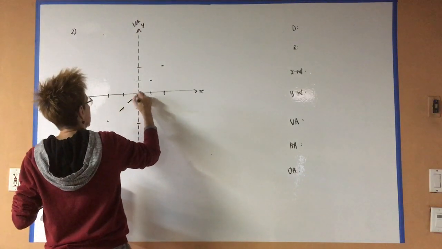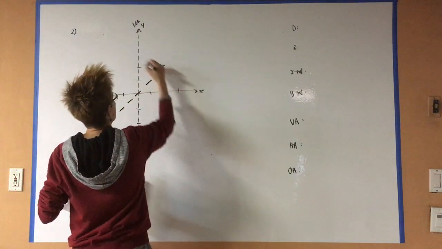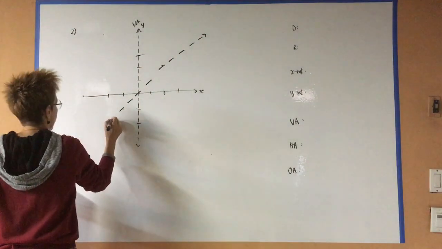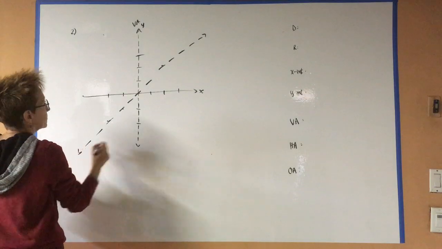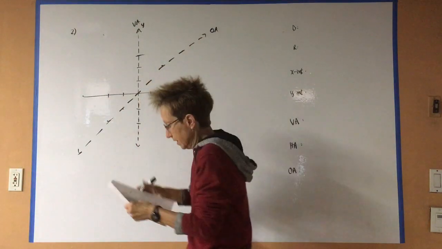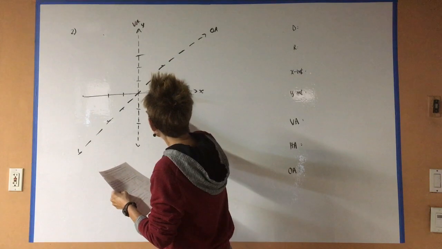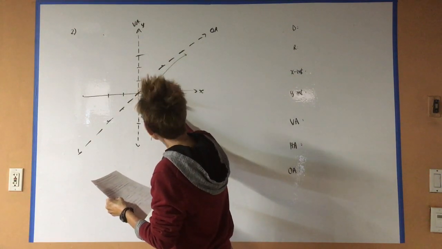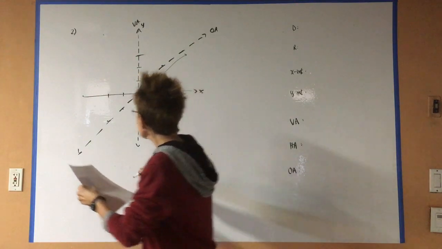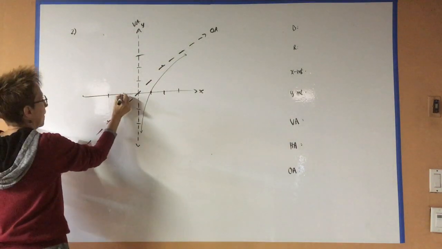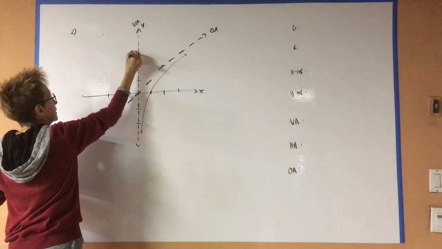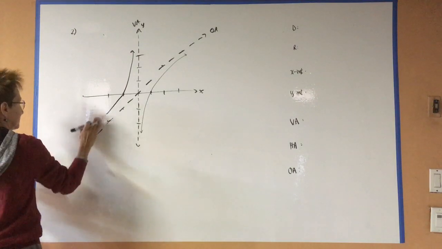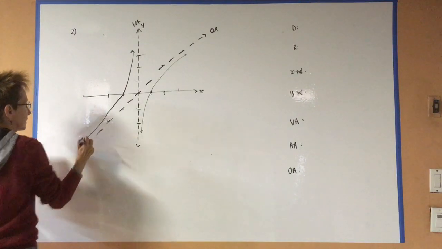So this is my oblique asymptote. And I drew my picture. So this guy comes and approaches this asymptote, and then this asymptote, and this one approaches this guy, and this guy.